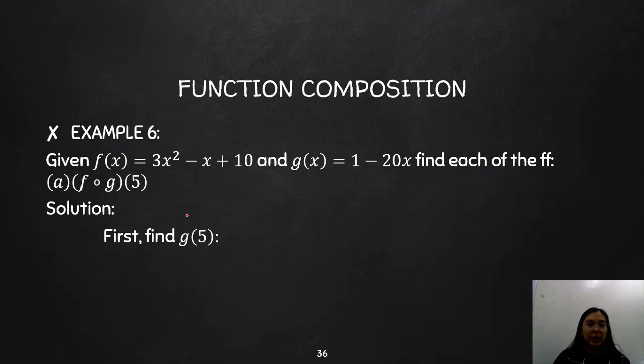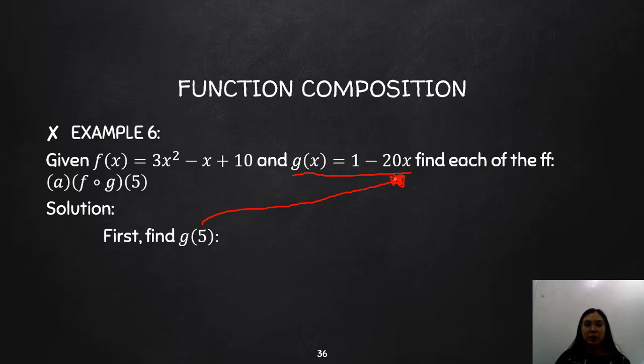So let's solve for letter A. Pinakaunang gagawin is to find g of 5. Ibig sabihin, doon sa equation ng g of x, hahanapin natin si g of 5. Again, i-substitute mo lang yung 5 dun sa x value.